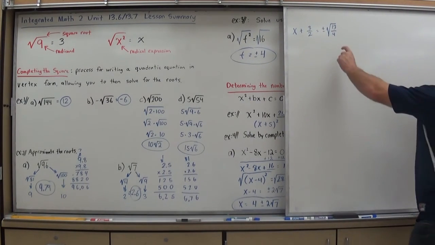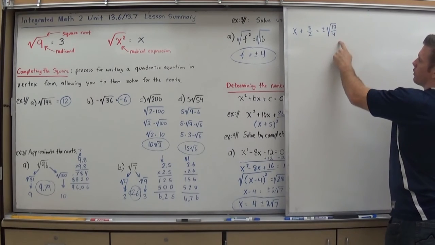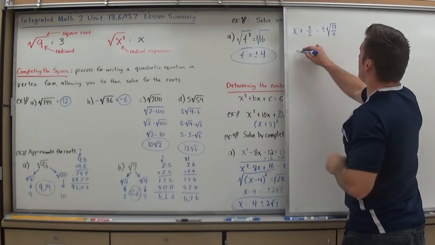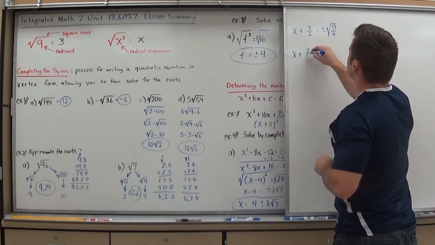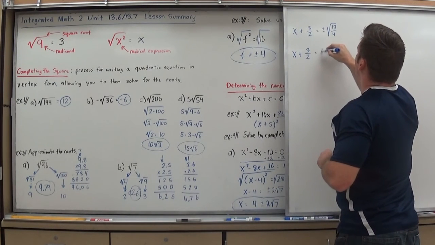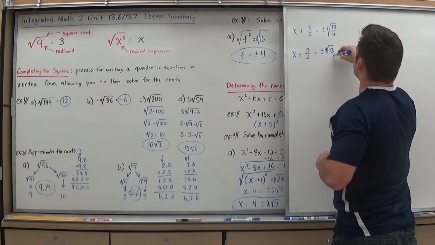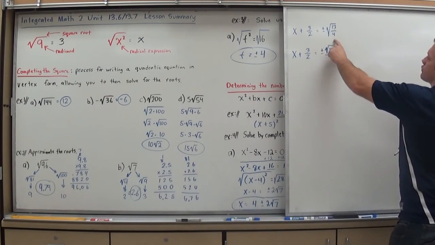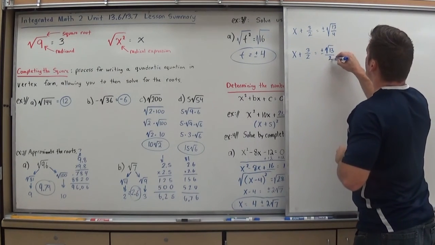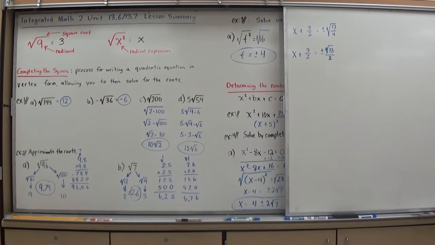It's really not much different. I can just do the square root of the top and the square root of the bottom separately as long as it's possible. If it's not possible, just leave it as a root. So I cannot do the square root of 13. That's just root 13. Nothing goes into it. I can, however, square root 4. The square root of 4 is 2. So you can actually just simplify that to plus or minus root 13 over 2.